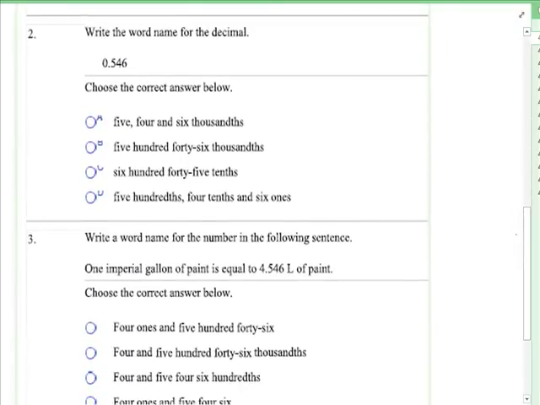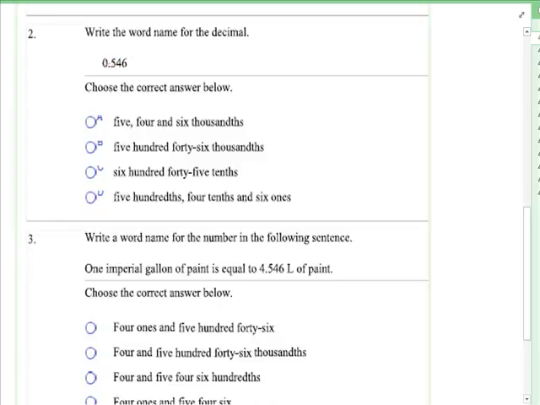Write the word name for the decimal. We would not say 0 and. In fact, we wouldn't say and, because you only say and when there actually is a whole number part. That 0 is there almost as an alert, here comes a decimal. So you would read this as, first of all, read the number, 546. 546 what?